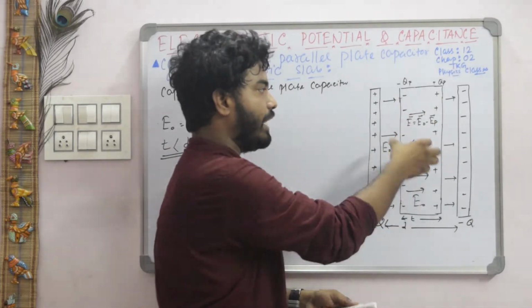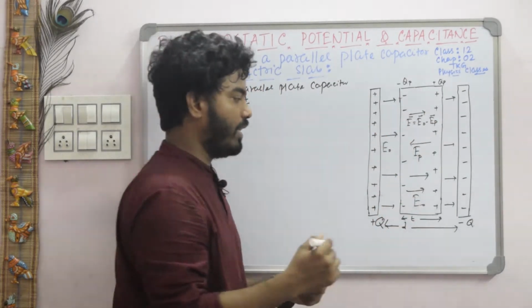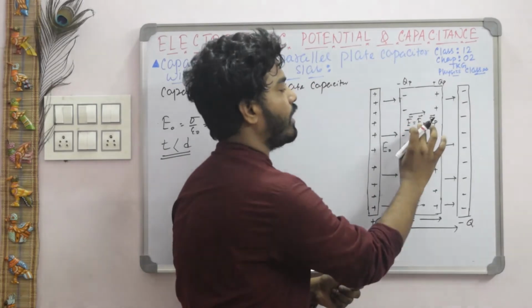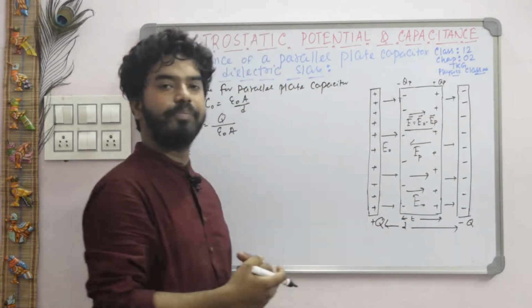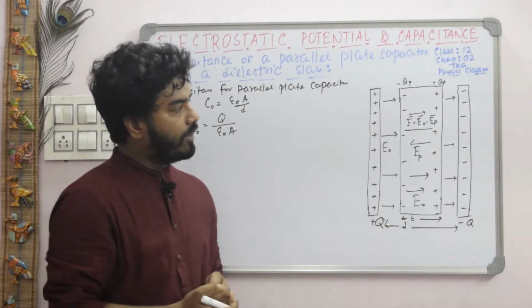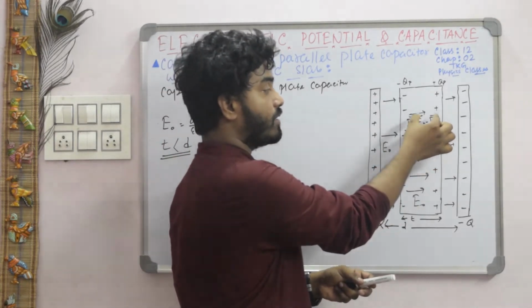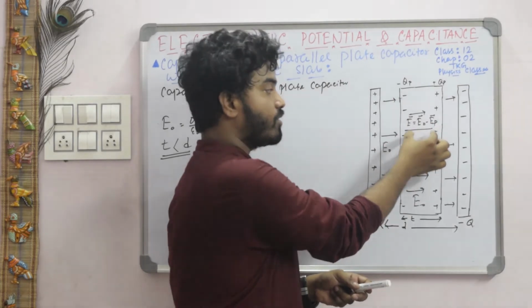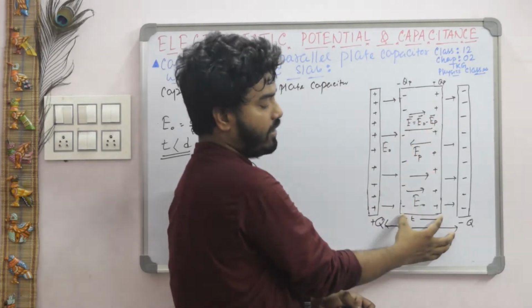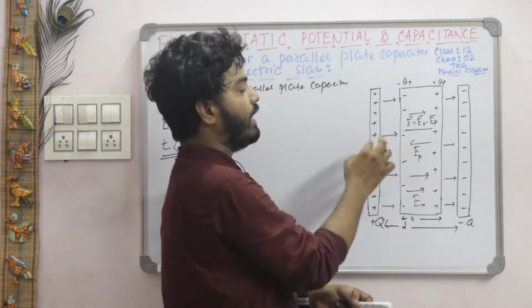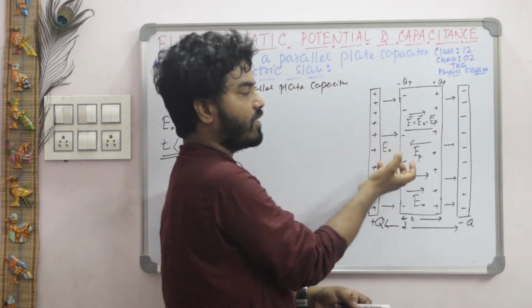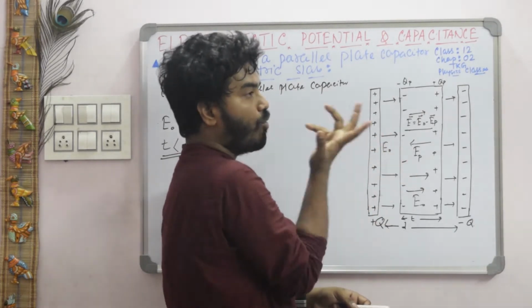So inside the dielectric slab the net electric field is E naught minus EP, right? The net electric field E naught minus EP exists over the region of thickness T, and the electric field E naught exists over the remaining distance.